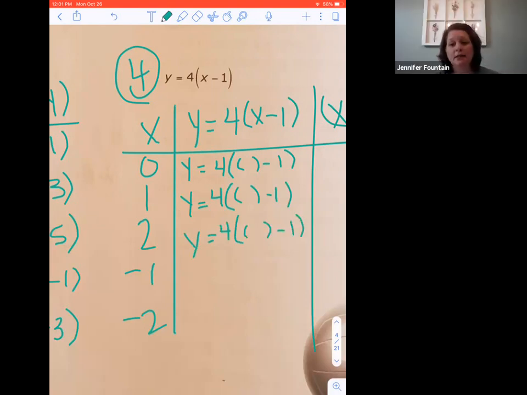Remember, 0 minus something is going to give you a negative number. So like 0 minus 1 is -1. 0 minus 5 is -5.